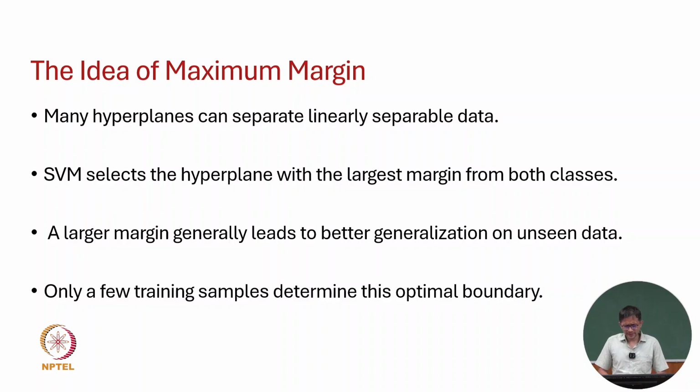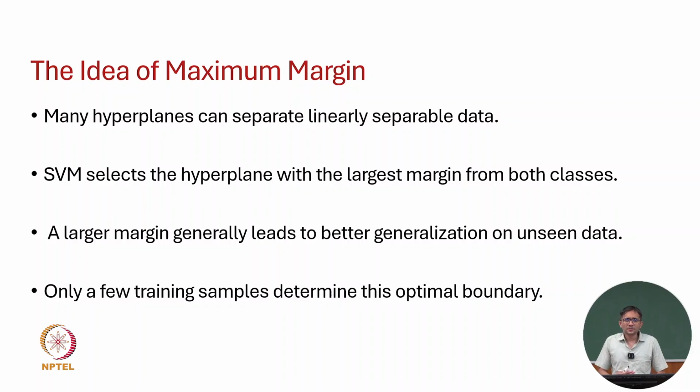We will see a visual example soon, but right now just try to imagine some data from two classes in a 2D plane. The hyperplane in this case is just your line, and if your data is linearly separable, you can draw several such lines between these two sets of data.